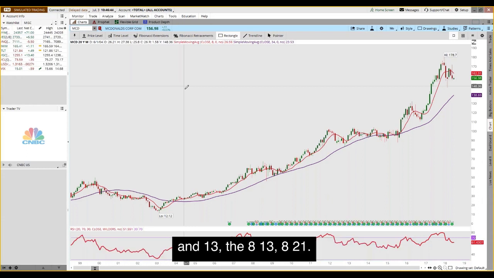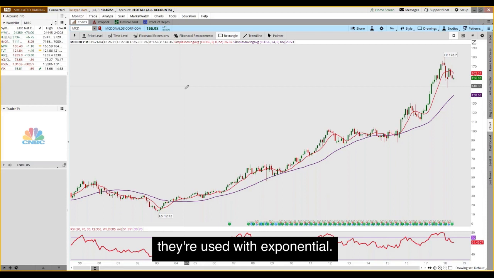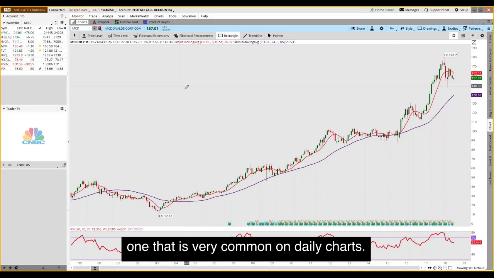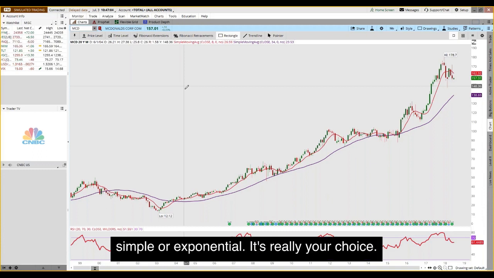The 8/13, 8/21, those are very common day trading combinations, and they're used with exponential. The 13/34 is one that is very common on daily charts, and it can be either simple or exponential. It's really your choice.